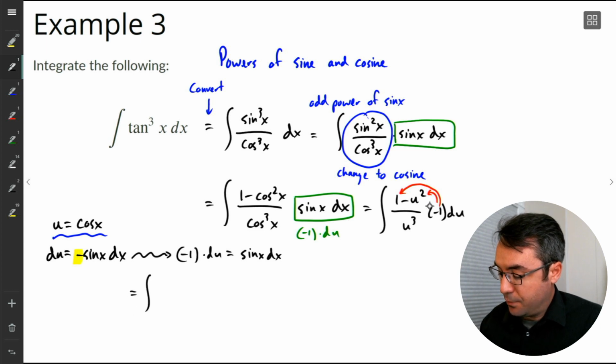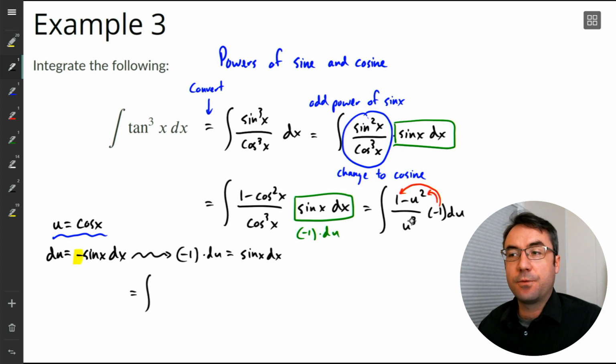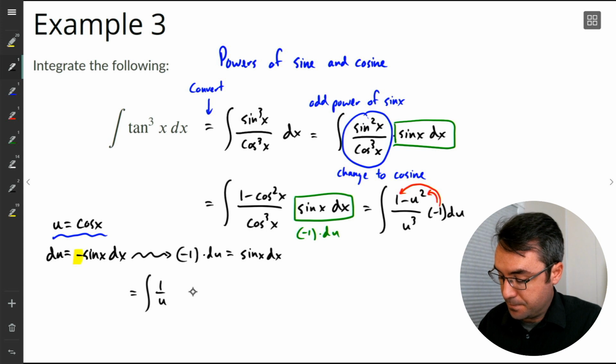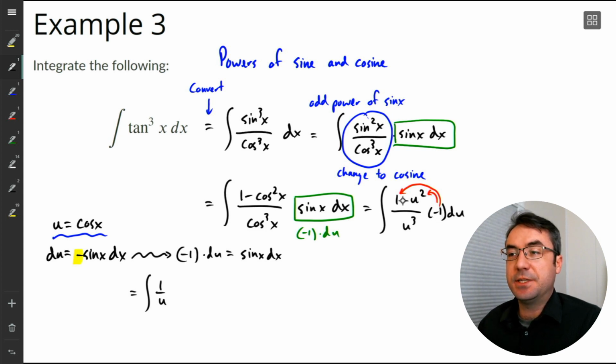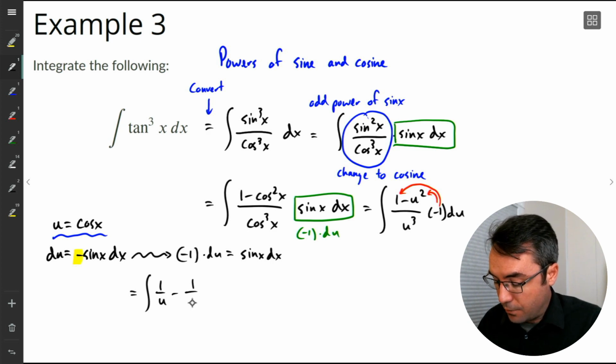We're going to end up with u squared over u cubed, which will just be 1 over u. And it's going to be a double negative, so let's just write it as a positive. And then when we bring the -1 to this one term in the numerator, that'll be divided by u cubed, so we're going to end up with 1 over u cubed.